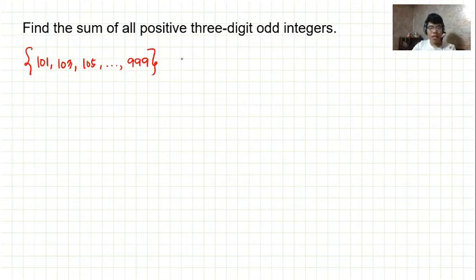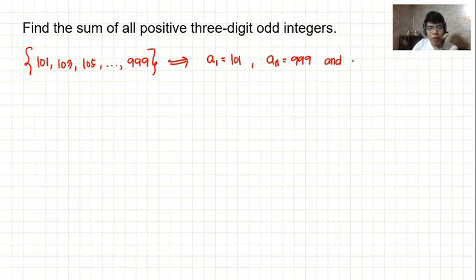So from here, we will have a sub 1 as 101, a sub n as 999, and d as 2. Okay, so from this list, we have this information. a sub 1 is 101, a sub n is 999, and the common difference d is 2.